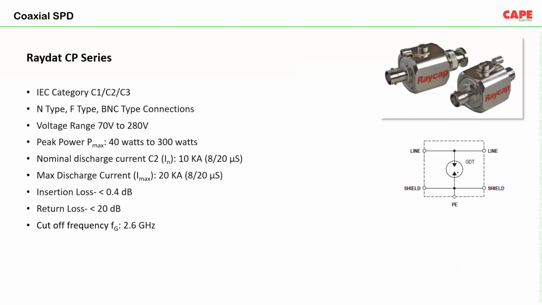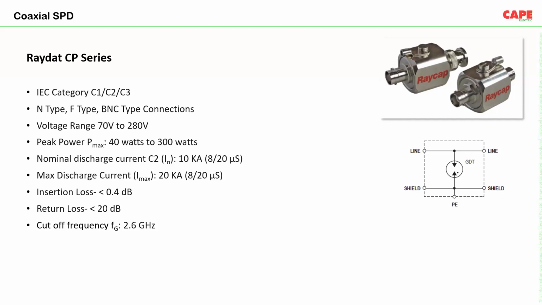Now, these are coaxial SPDs normally used for RF antennas. I'm sure everybody has seen this kind of coaxial cable, for example N-type cable, F-type cable, BNC type connections, UHF type connection. There are multiple types of connections, so we have surge protection for all types of connections.